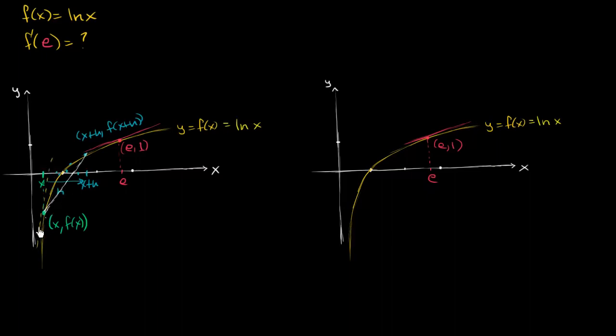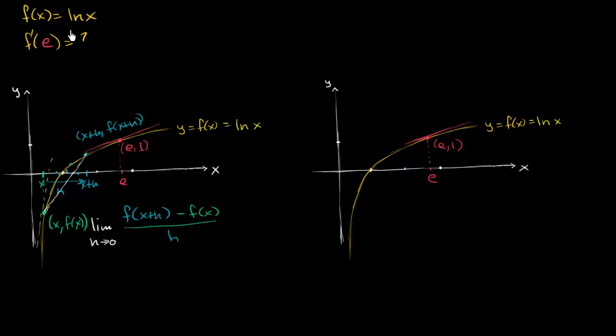What's the slope of the secant line? Well, it's the change in your vertical axis, which is going to be f of x plus h minus f of x, over the change in your horizontal axis, and that's x plus h minus x, which is just h, and we're going to take the limit of that as h approaches 0.